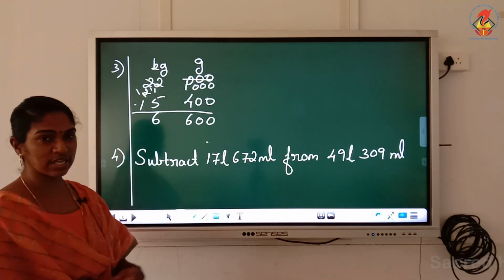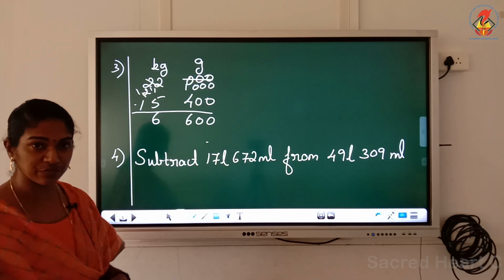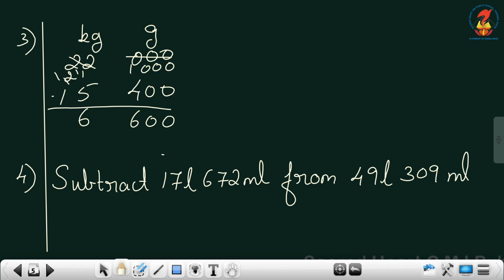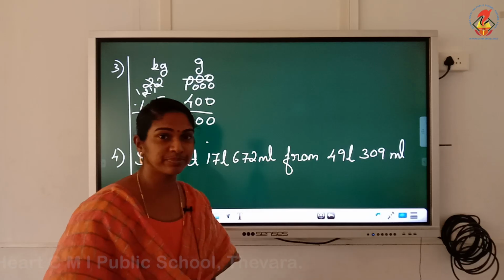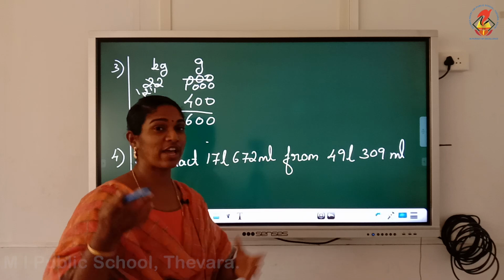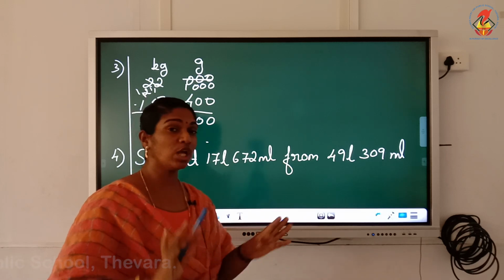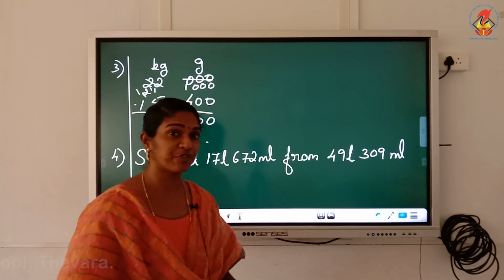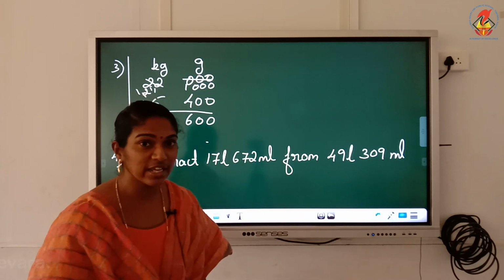Now this is also a subtraction question, but it's given you in a different way. Subtract 17 liter 672 milliliter from 49 liter 309 milliliter. Is there any importance for this word from? Yes. What have you told you? The number which comes after the word from is the first number in subtraction.